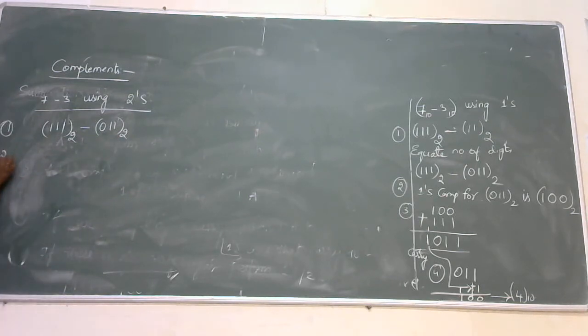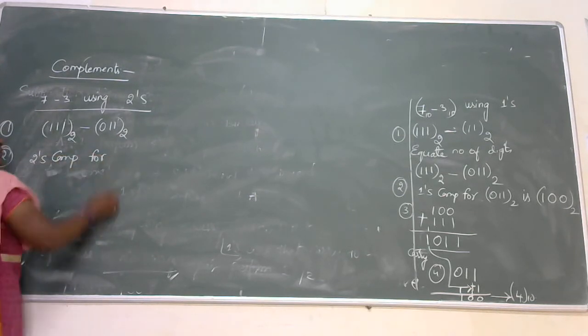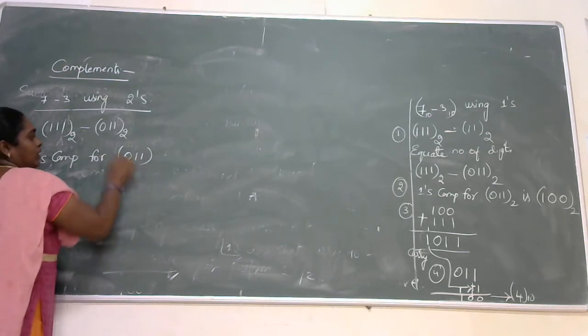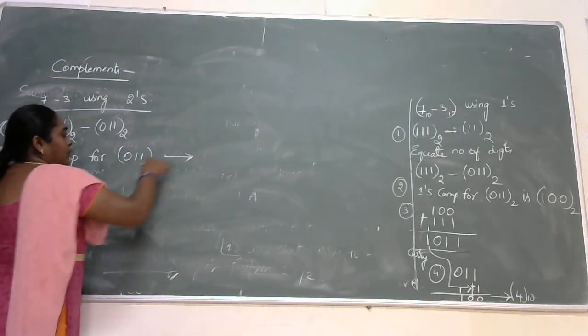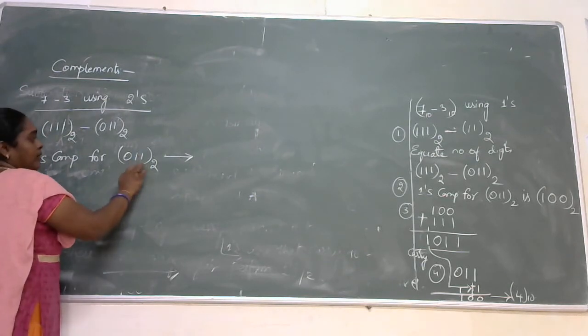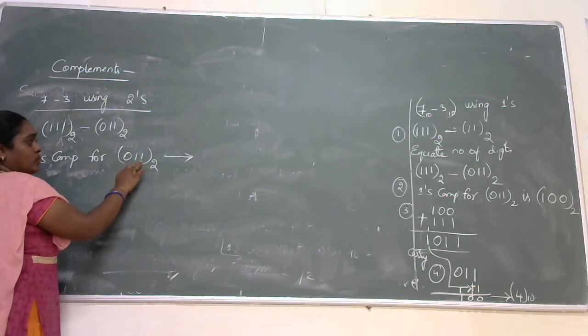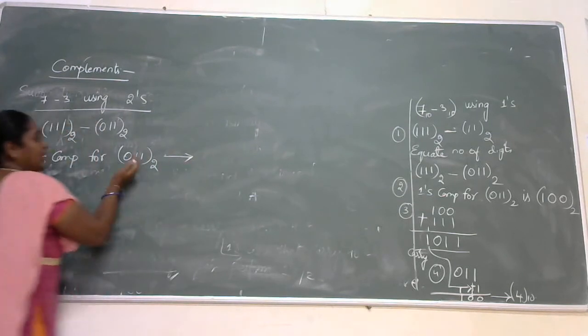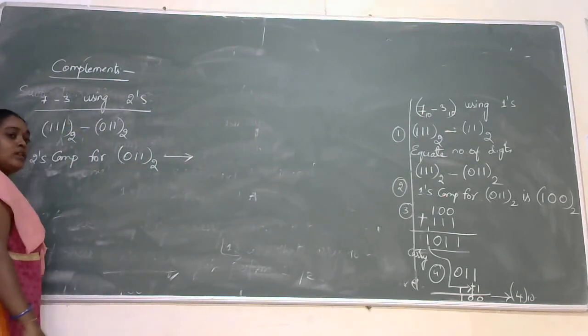So step 2: the negative number is 011. For 2's complement, I am using the second method: wherever I get the first 1, up to that first 1 I write as it is, and the remaining bits I perform as 1's complement.